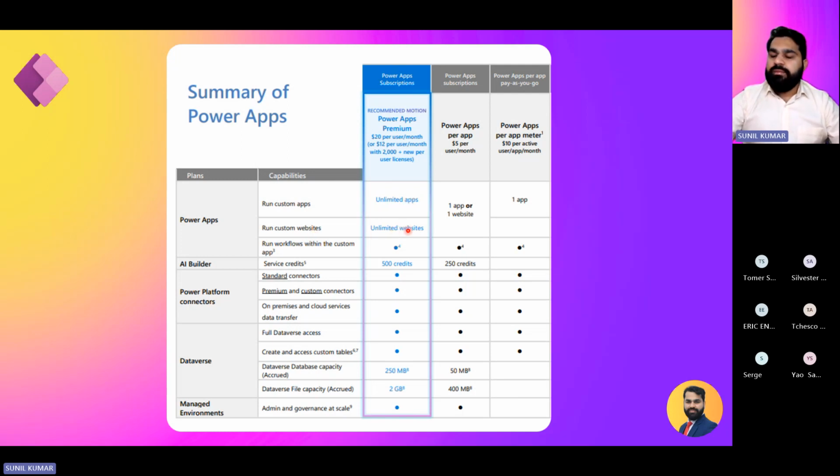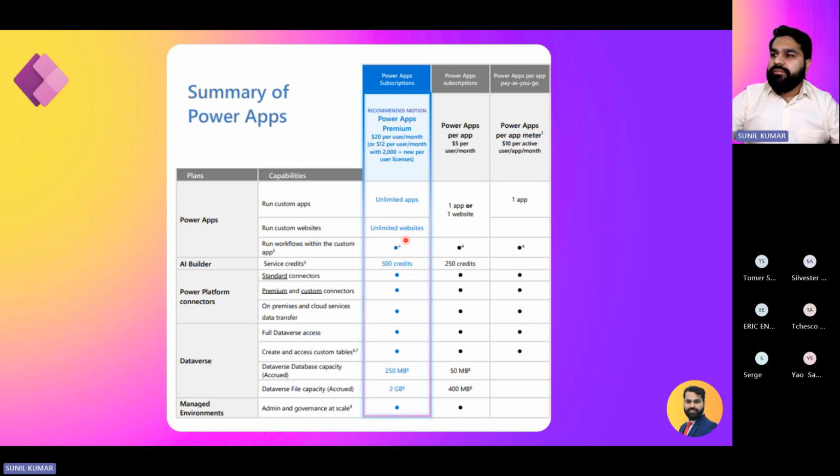Then unlimited websites. So these websites are Power Pages websites. Initially, these were part of Power Apps. These were called Power Apps portals. So these also come under this particular licensing type. However, these can be accessed by multiple users. Okay, because these are internal users basically.